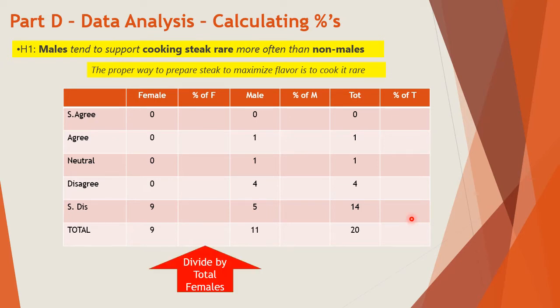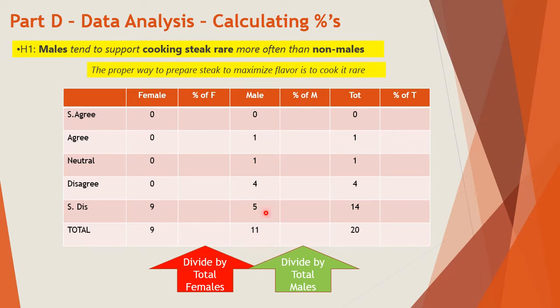Since we're looking for the percentages of females in this second column, we're going to divide the number that actually responded by the total number of females, or 9. So we're going to go down and do 0 divided by 9, 0 divided by 9, etc., and calculate the percentages. For the males, we're going to divide by the total number of males, which is 11.